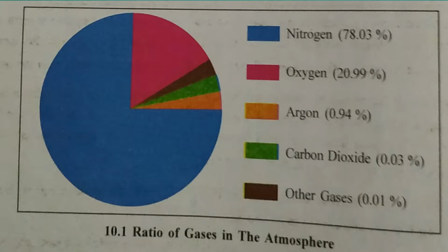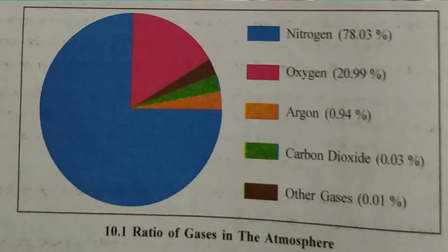Okay students, just as I told you, the first one is nitrogen. Students, the blue colored part, the maximum amount of the atmosphere, that is 78.03%. Then you have oxygen, that is 20.99%. After that you have argon 0.94%, carbon dioxide that is 0.03%, and other gases are 0.01%.